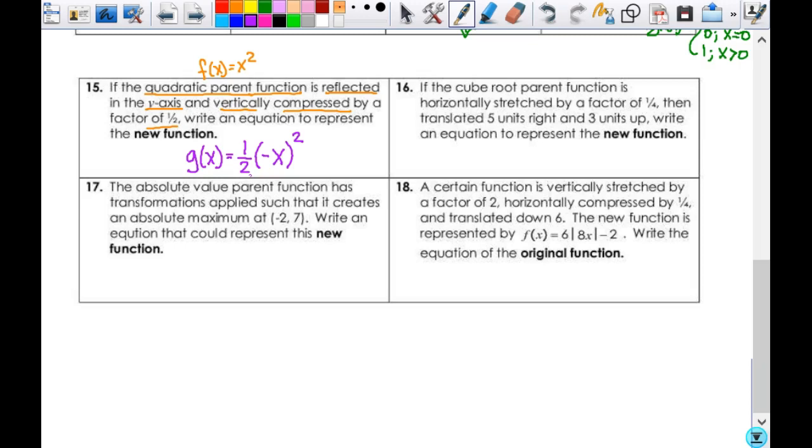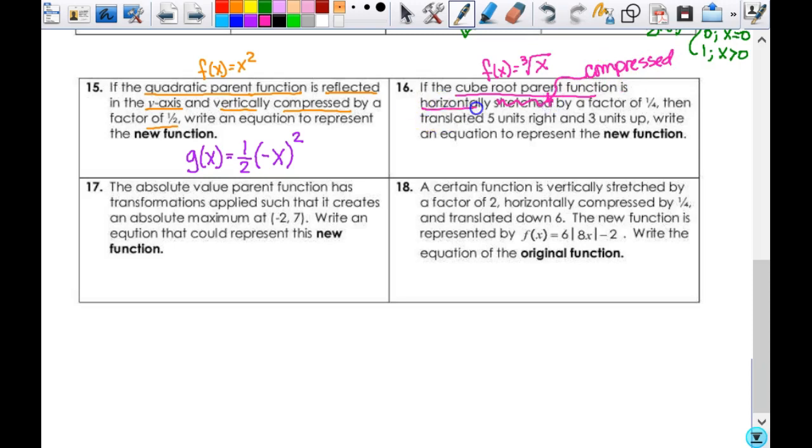All right, so then we want the cube root. It says if the cube root parent function, so that means this is f of x equals the cube root of x, is horizontally, remember I told you to change this, it should say compressed. That's what that word right there should be.